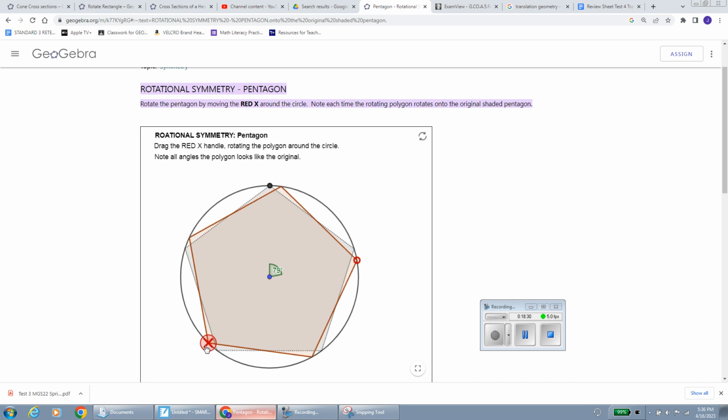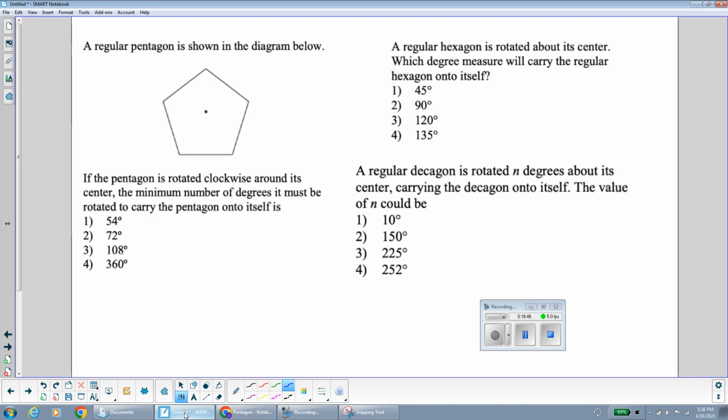If we keep going and going, the next time it happens is at 144, which is the next multiple of 72. So each multiple of 72, it'll keep being matched up to itself. So it asks for the minimum number of degrees, so the first time that happens, so that's at 72 degrees.